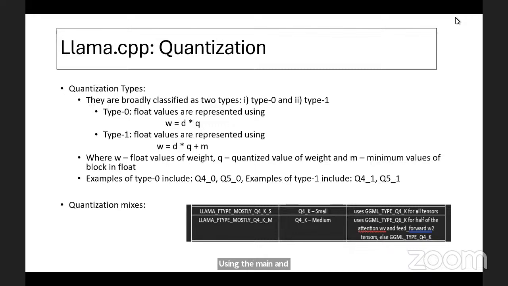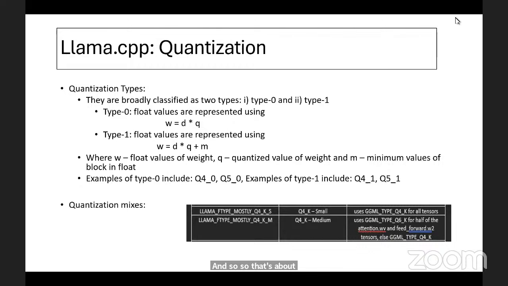So in this case, a clear distinction is the M, which is the offset. When in the traditional quantization, we use integers for offset. Here they are using float. I think this is a very clear implementation choice that they have made to have better performance. And so that's about quantization types.